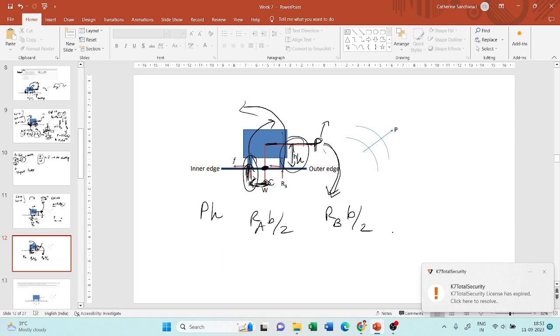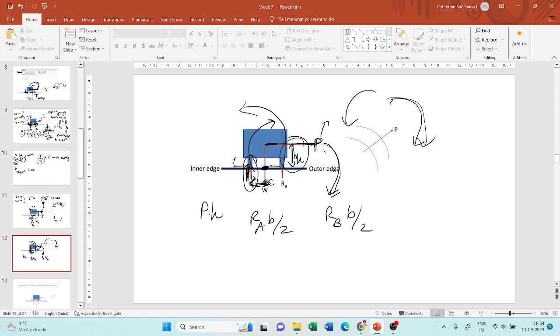Now the directions are different, right? RA and P try to rotate the body in the clockwise direction, whereas RB tries to rotate the body in the anti-clockwise direction. So the summation of moments in the clockwise direction should be equal to the summation of moments in the anti-clockwise direction. So I am collecting them, and it will become like this, because these are the clockwise moments and this is the anti-clockwise moment.